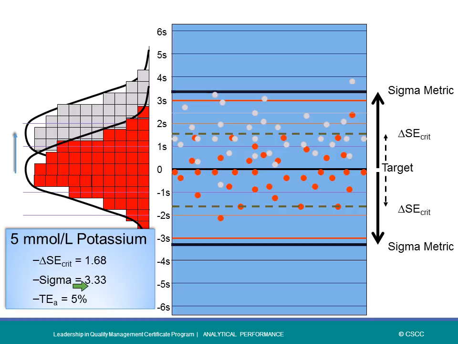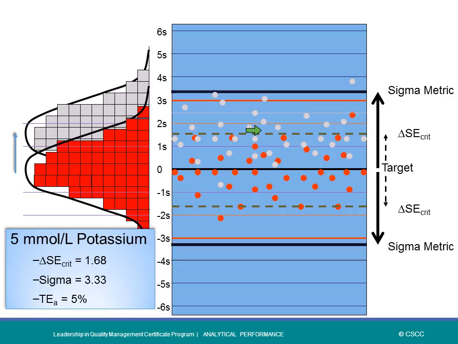Critical systematic error is much lower, so roughly 1.5 standard deviations, and things kind of shut down. We've crossed that limit for systematic error. But as you can see in this demonstration here, with that shift, that result goes out beyond the sigma metric, which is of course directly related to the quality specification for the assay.